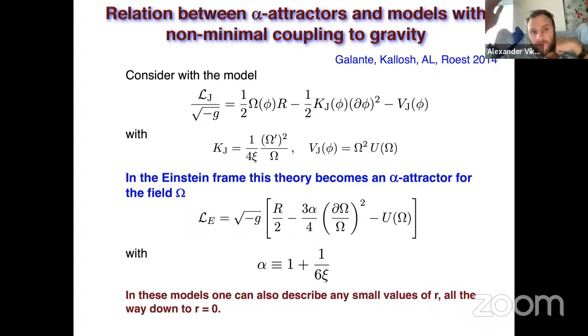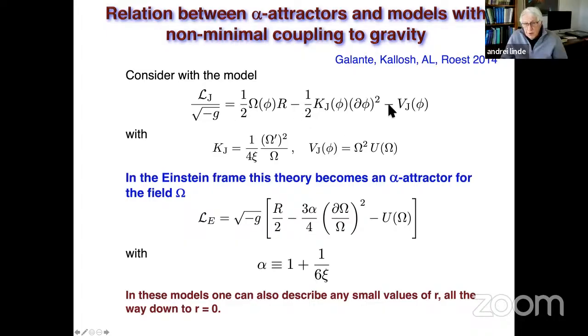Actually, this structure, one over dividing the kinetic term, usually appears before canonization in theories with non-minimal coupling. Yes. But I'm saying that from the first line of this slide to the third line, you need these functions k and omega to have a special form.